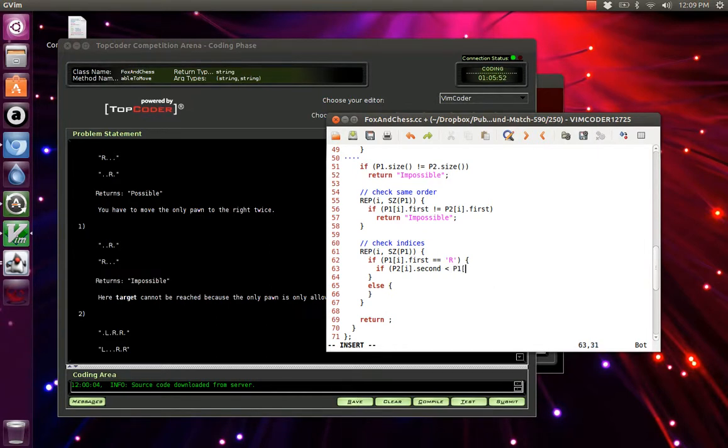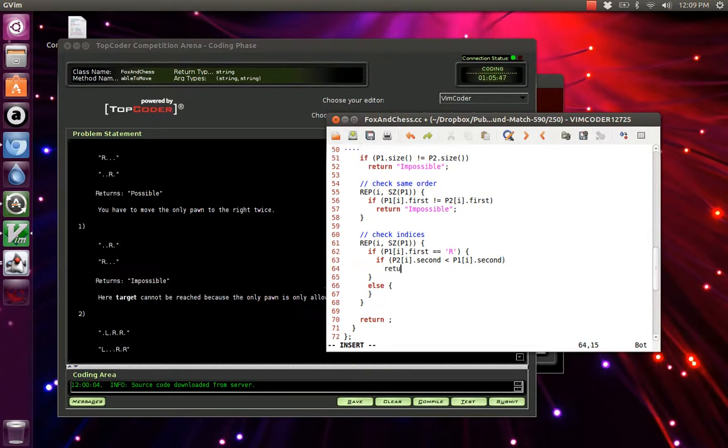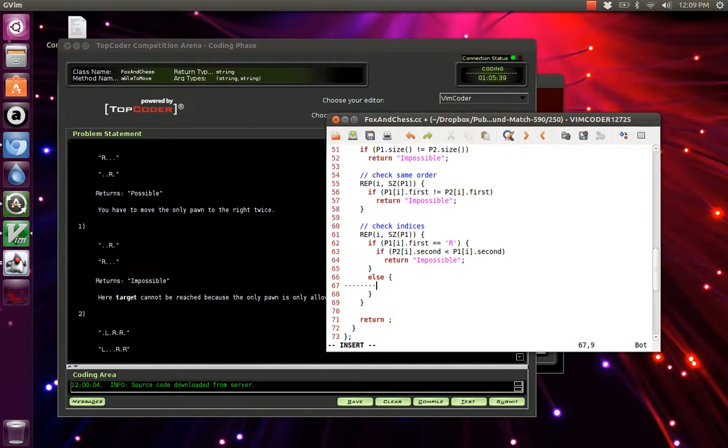I can only go forwards. So if my target position is to the left of my pawn, then it's impossible, and that's what we have in here. So else my pawn is one of the L pawns, so my pawn can move to the left.